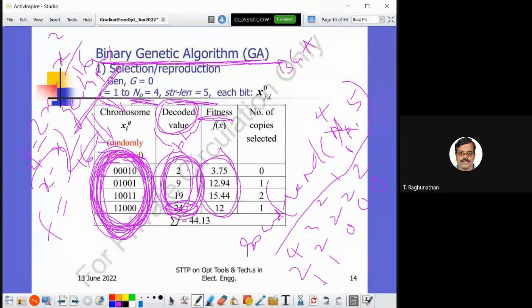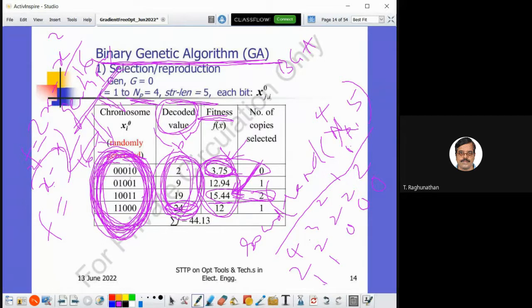And remember, it's a maximization function. So if you want to maximize, the maximum value for us is here, 15. The minimum value is here, 3.75. So what we do in selection is we make more copies of the most fit individual and fewer copies of the least fit individual.